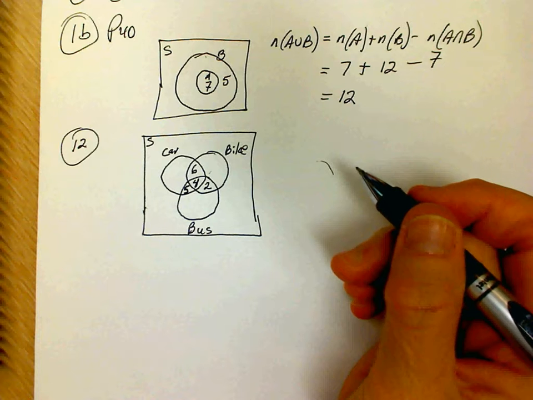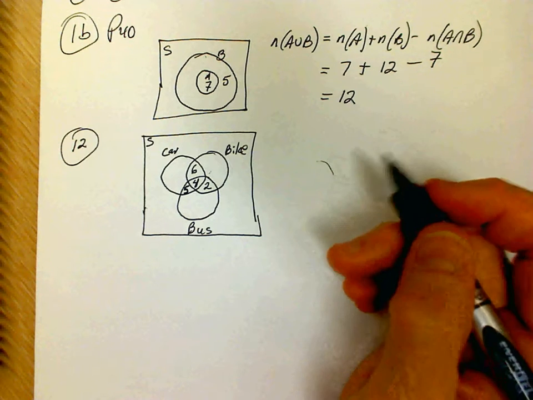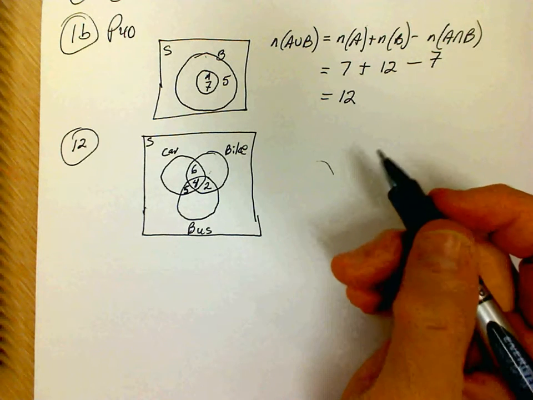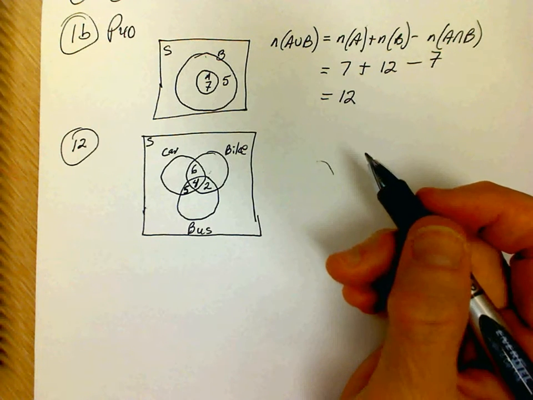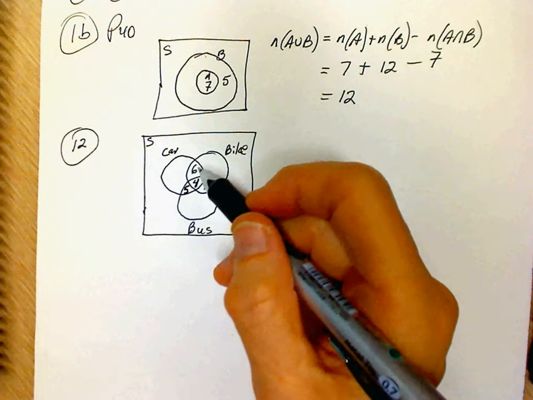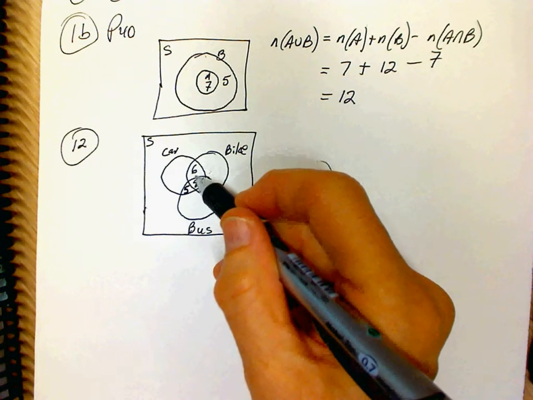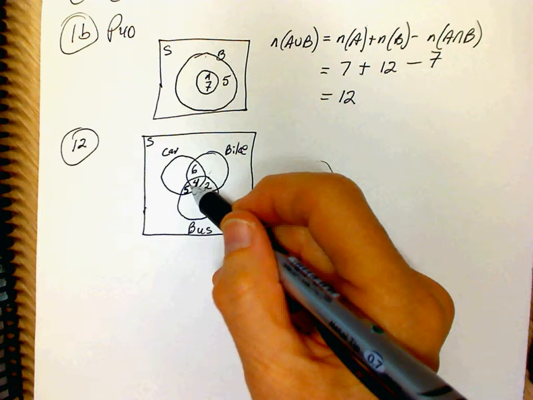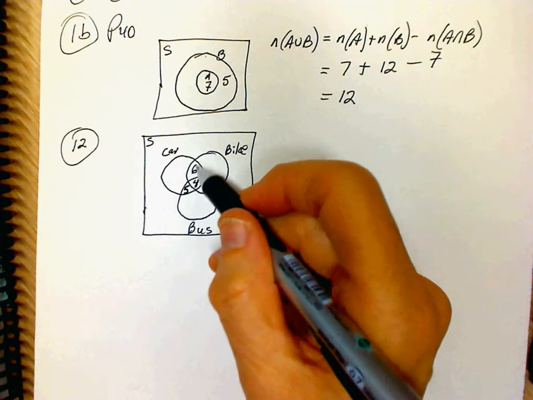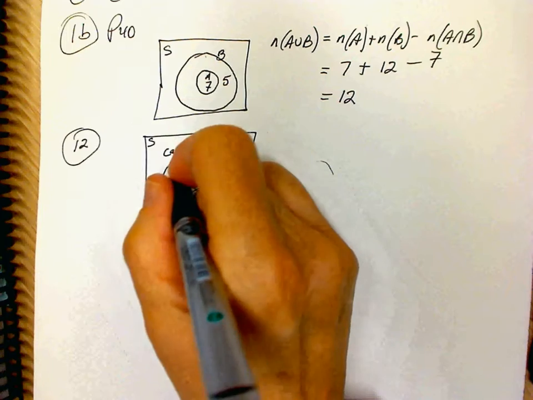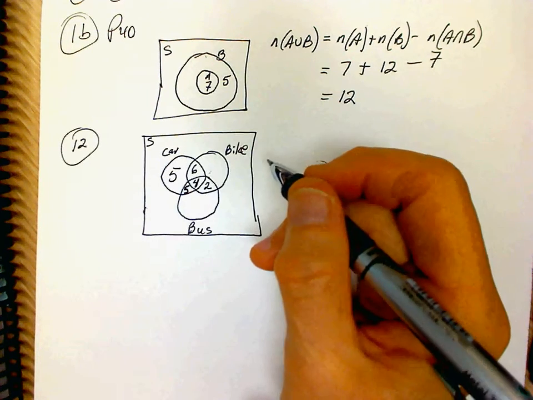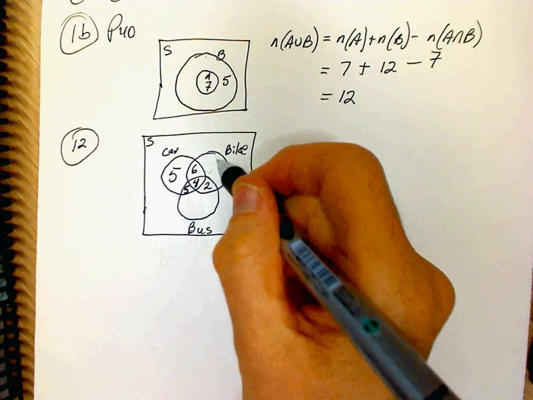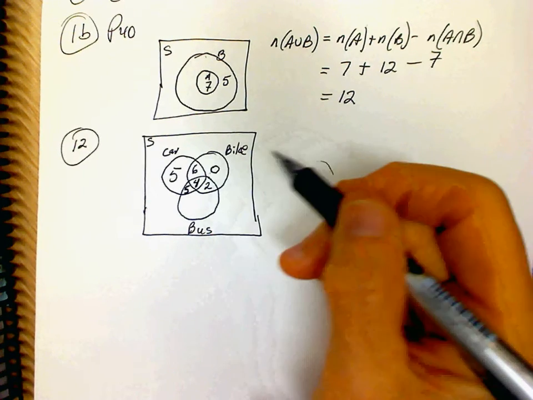Very hard to interpret. I wouldn't give you one like this. How many of them use some other forms of transportation? Well, we know that 20 of them sometimes arrive in a car, so 6 plus, we need 5 more here. 12 bike, so we've already got 12 for the biking, so 0 is there.